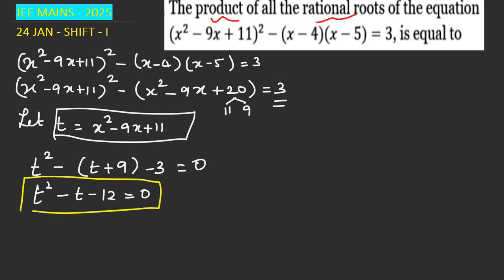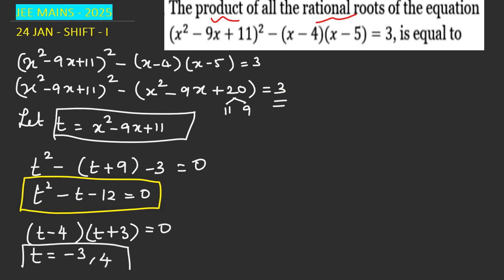This is the equation. Therefore, the factors of the given equation are (t minus 4) into (t plus 3) is equal to 0. So t is equal to minus 3 and 4. The t values are minus 3 and 4. Therefore, I want the value for x to find the product of the roots.